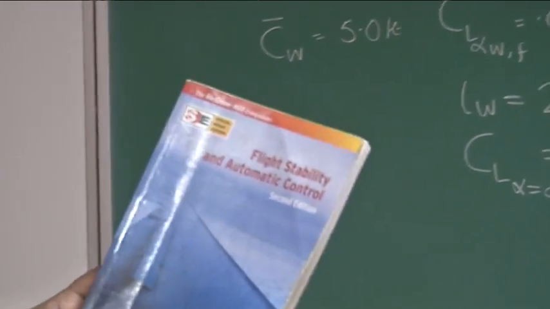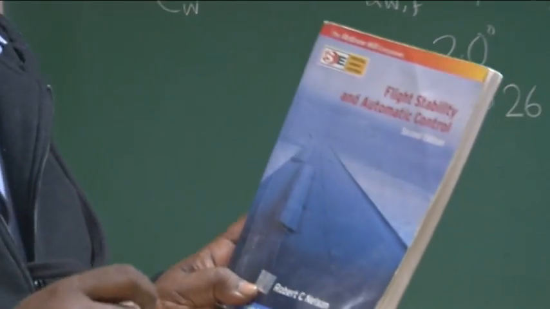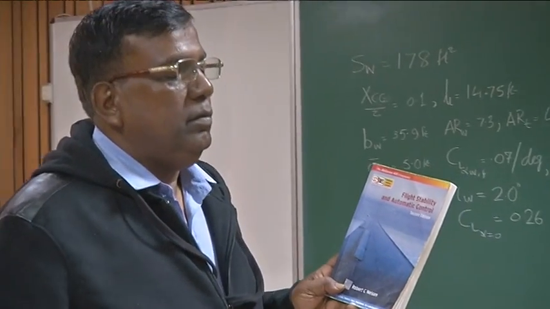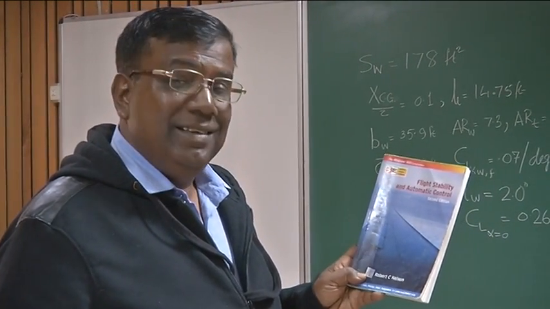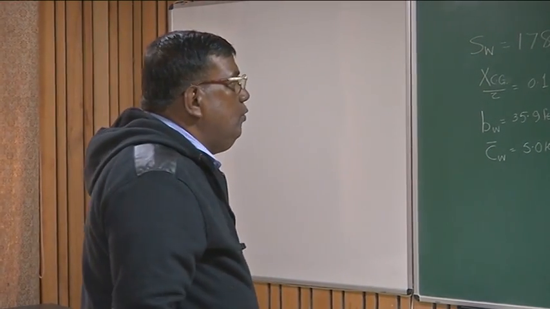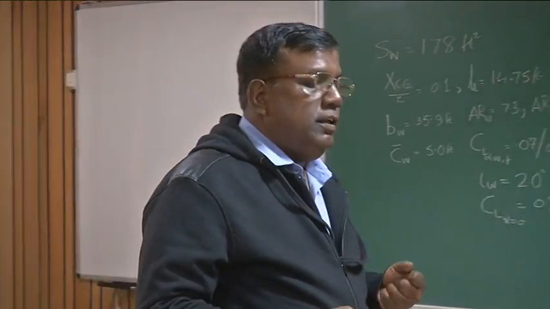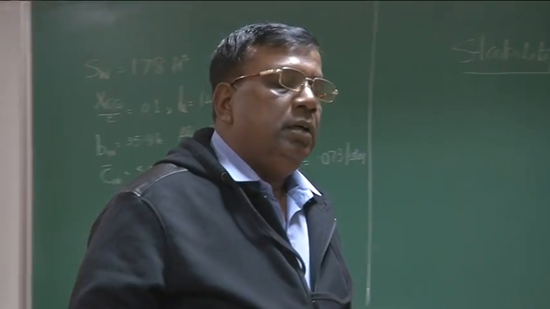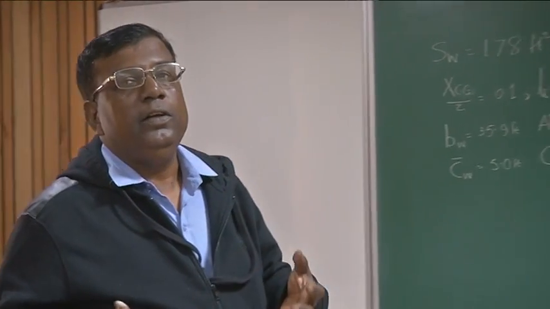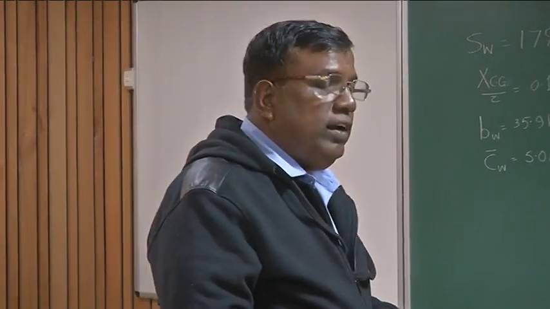I am not campaigning for this book, but it's my duty to tell you because I follow many books. One of those is Flight Stability and Automatic Control by Robert C. Nelson, and this problem is from that book only. We'll use this beautiful example to communicate more on stability, right? So what is the problem?